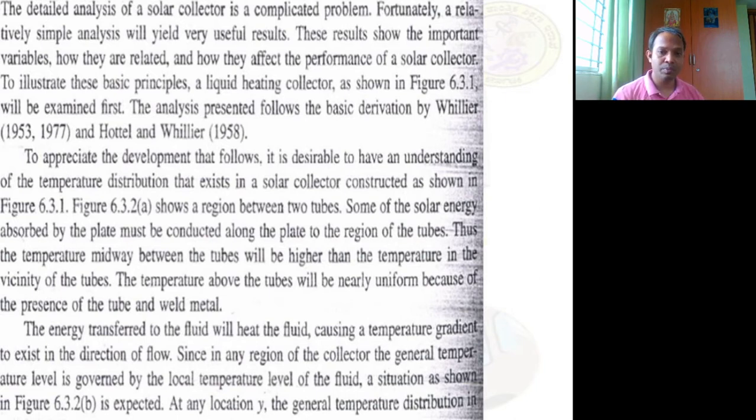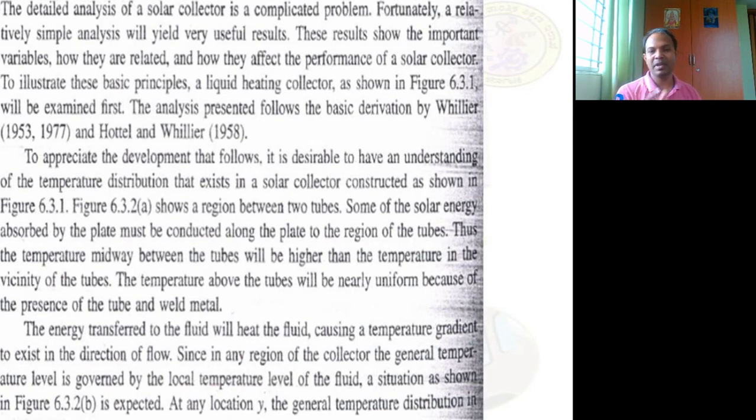Region between two tubes: some of the solar energy absorbed by the plate must be conducted along the plate to the region of the tubes. Thus, the temperature midway between the tubes will be higher than the temperature in the vicinity of the tubes. The temperature above the tubes will be nearly uniform because of the presence of the tube and a wide metal. It will be nearly equal.